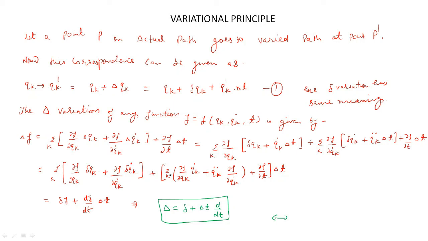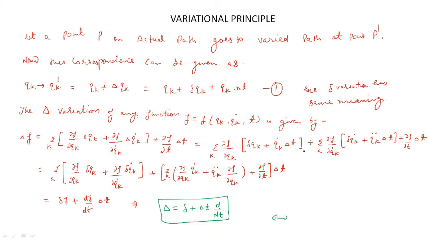Then plus sigma k del f over del qk into qk dot plus qk double dot del f over del qk dot plus del f over del t into delta t.